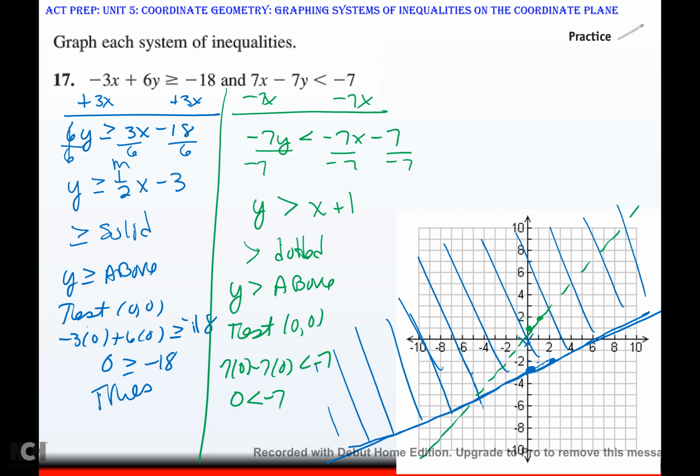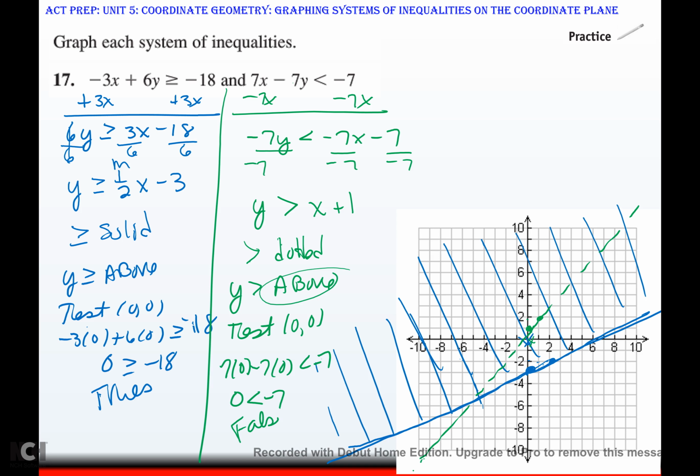No. Wait a sec, I gotta go back up here. 0 less than negative 7. No, that's false. So wherever 0, 0 is, I shouldn't shade, which is below, which means I need to shade above. Yeah, that one was really close.